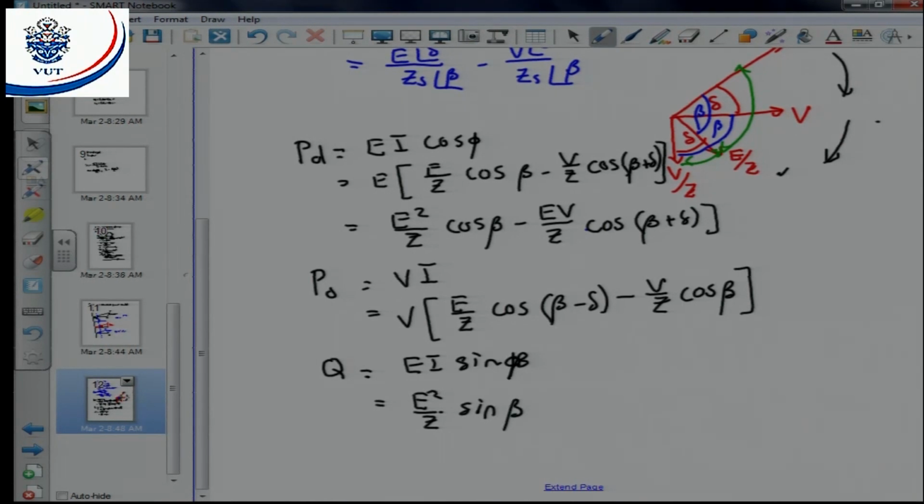So therefore the sine of 90 minus delta becomes cos delta. So we have VE over X cos delta minus V squared over X.